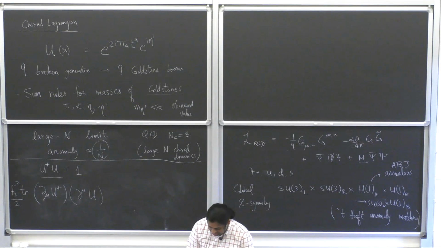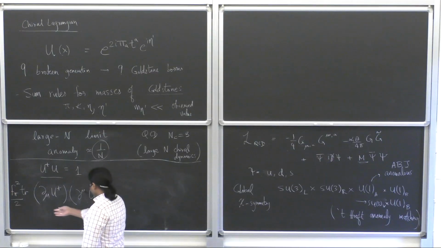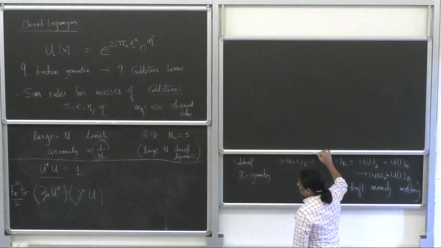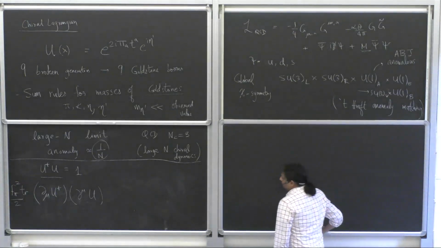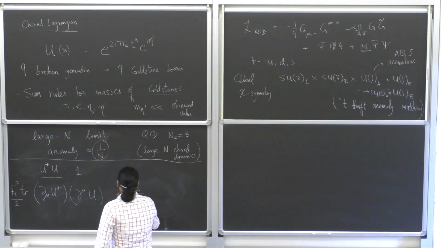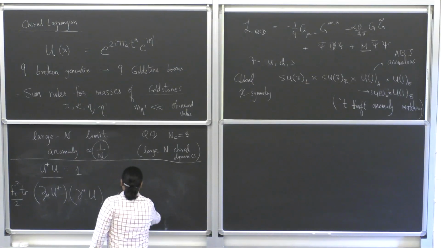So the leading term in the Lagrangian that you could write down is just the 2-derivative term. You can then go ahead and write down higher derivative terms in the Lagrangian, order d to the 4th, and so on.